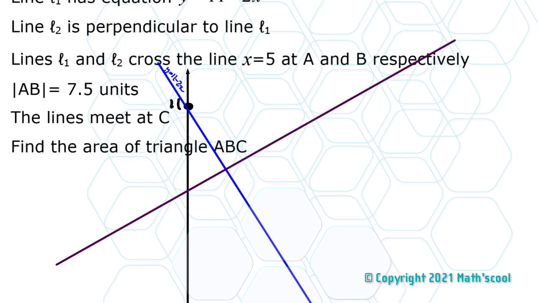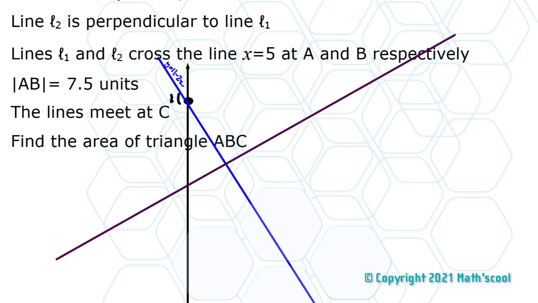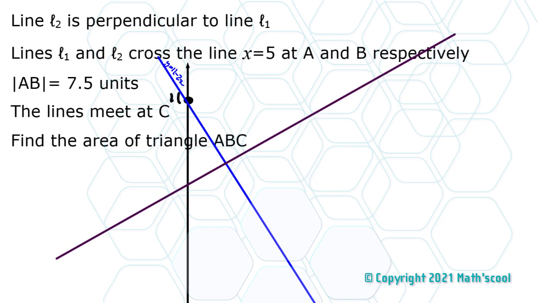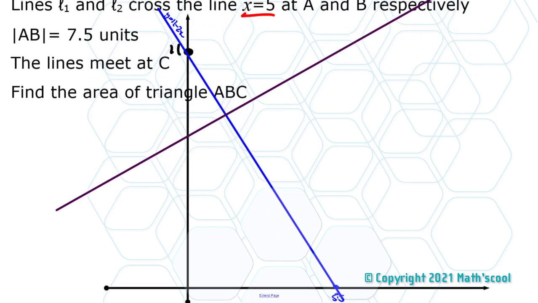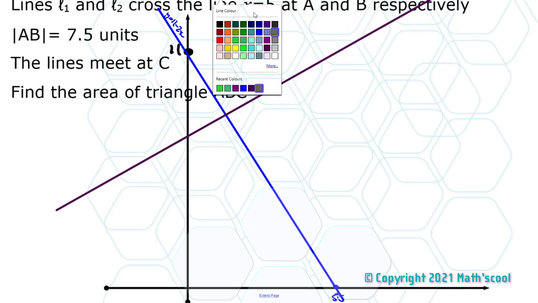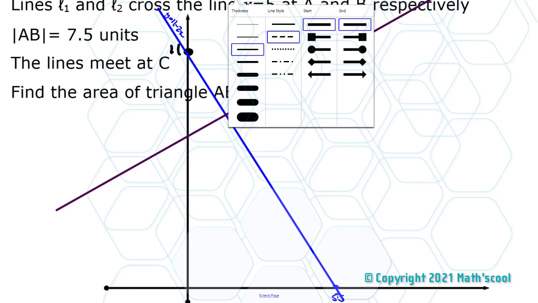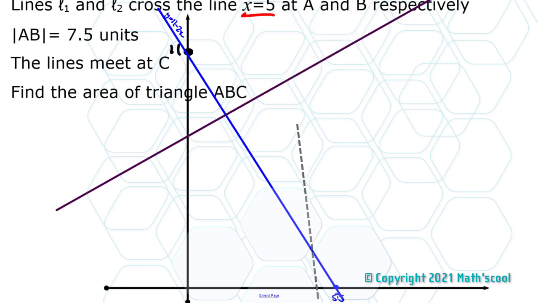Lines 1 and 2 cross the line x equals 5. Well, x equals 5 is just a vertical line. So x equals 5 is just this vertical line here. It will be very close to 5.5, so it'll be there. I might just move it a little bit away because otherwise it's going to end up a bit squashed up in that region there.